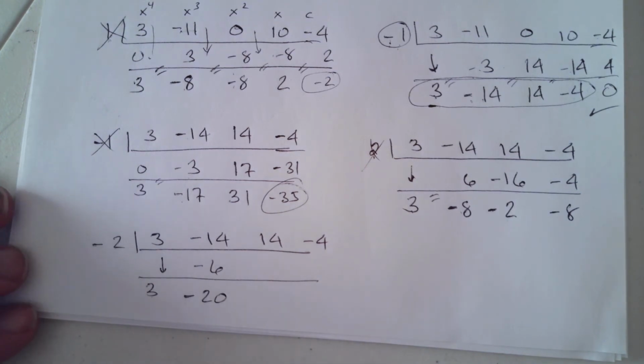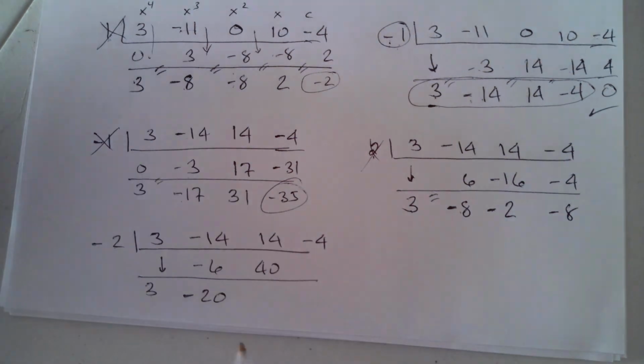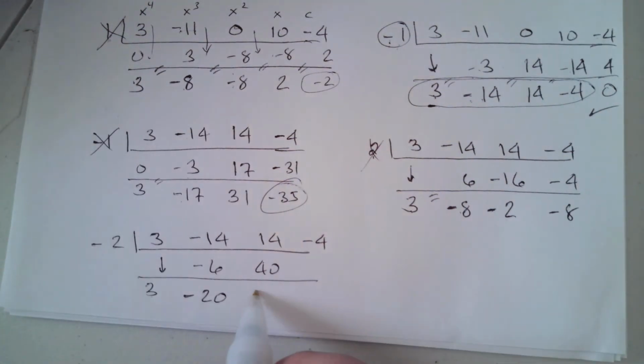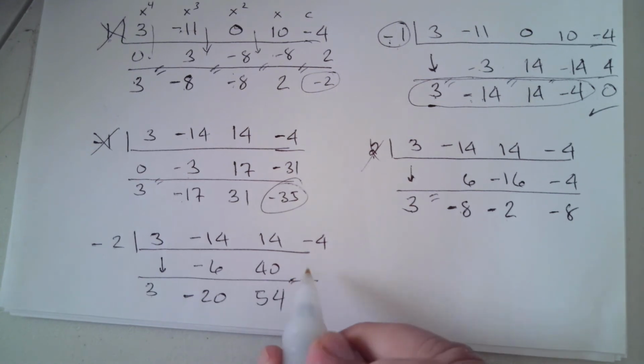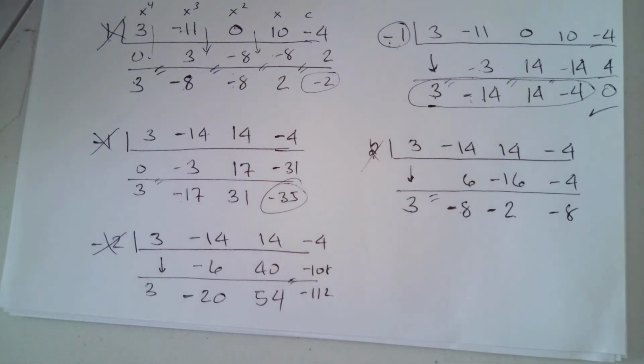Oh, this doesn't look good. Negative, negative is a positive. 20 times 2 is 40. So it's 54. Negative 108. So no, it's going way in the wrong direction. Negative 2 doesn't work.